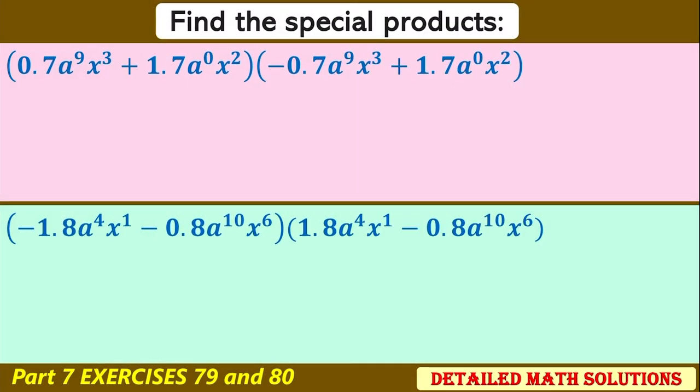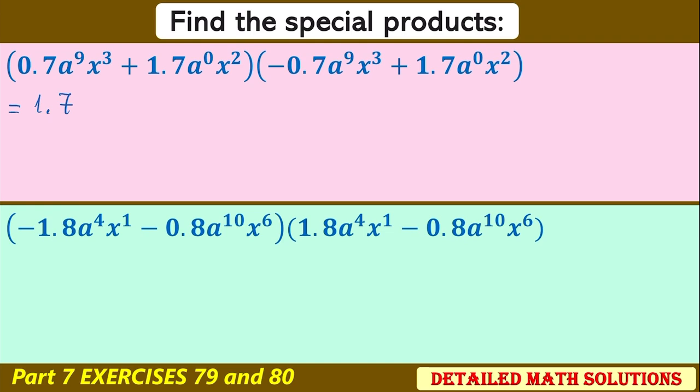In the next exercise, I need to do a similar thing, but this time I need to switch the places of the two terms within the first parenthesis, and also within the second parenthesis. This way, this will equal 1.7. A to the power of 0 is 1, and multiplied by 1.7, it gives 1.7.